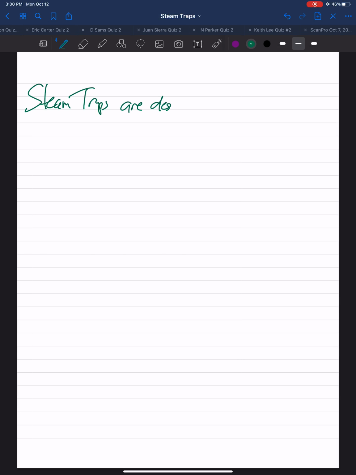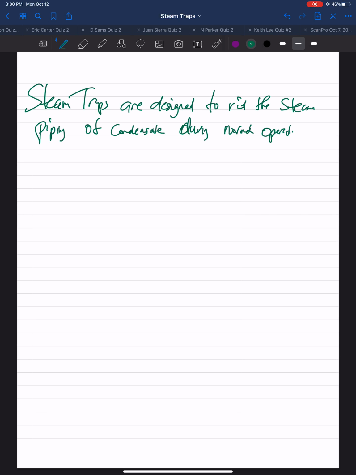Steam traps are designed to rid the steam piping of condensate during normal operations and to prevent water hammer, erosion, and corrosion.